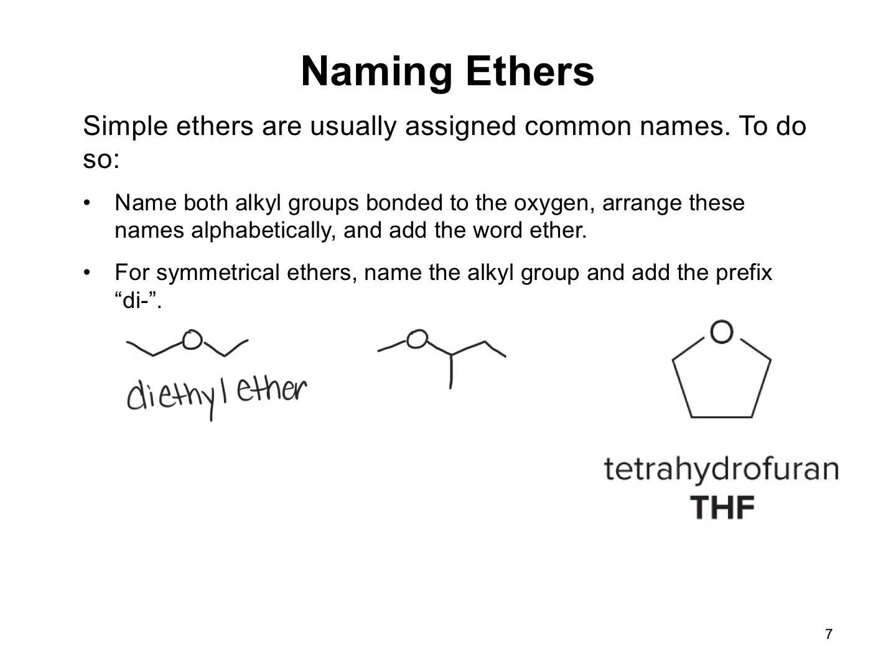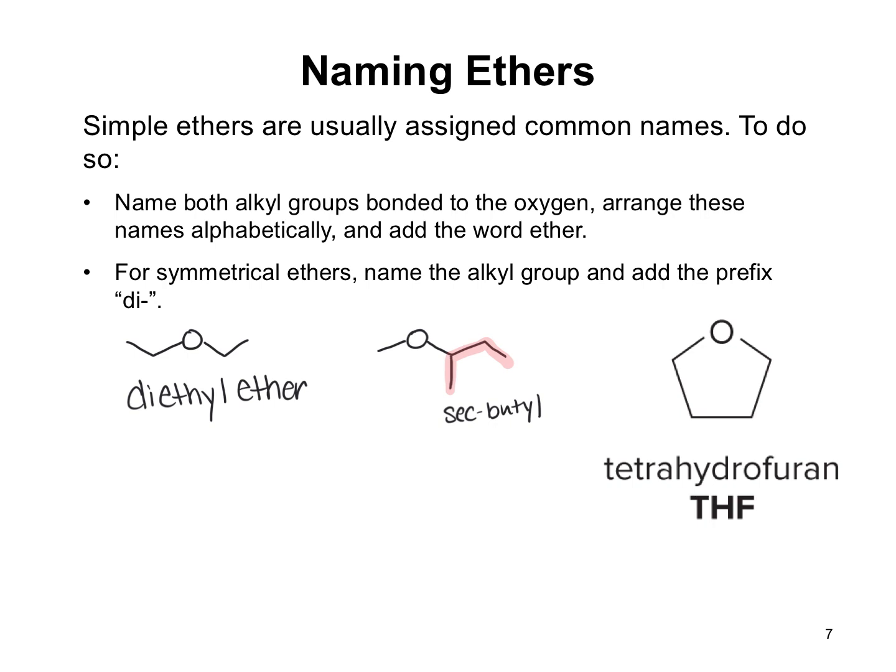When we look at an ether that is not symmetric, let's look at this particular group here. There's 1, 2, 3, 4 carbons, and it's attached at that second carbon. So remember, that is called a sec-butyl group. And then, of course, the other one is methyl.